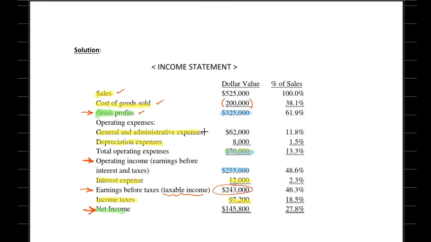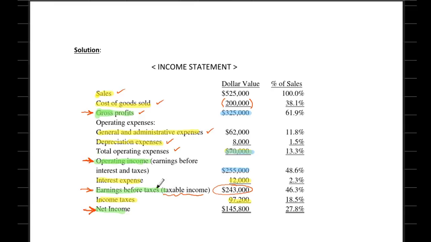Then we deducted further expenses such as general and administrative expenses and depreciation expenses to come across our second important item, which is operating income. Then deducting interest expense from operating income, we came across earnings before taxes. And earnings before taxes minus income taxes gives you net income. So this ordering is very important.